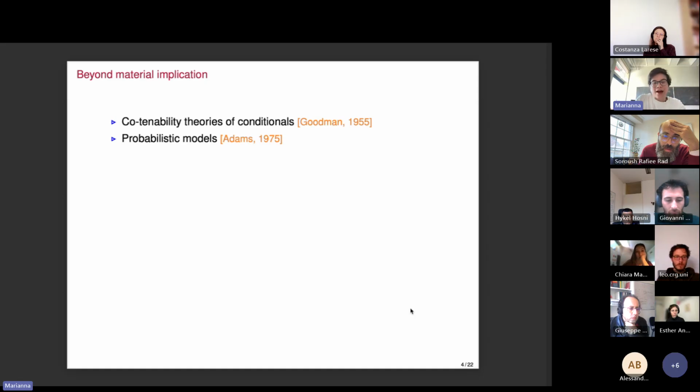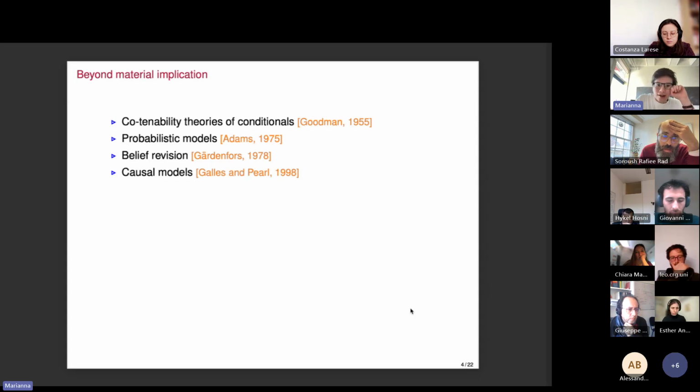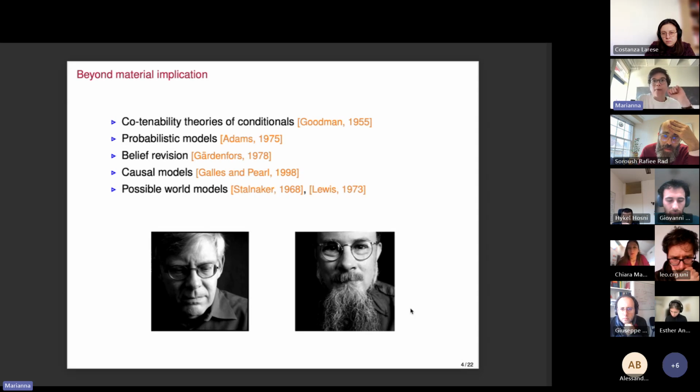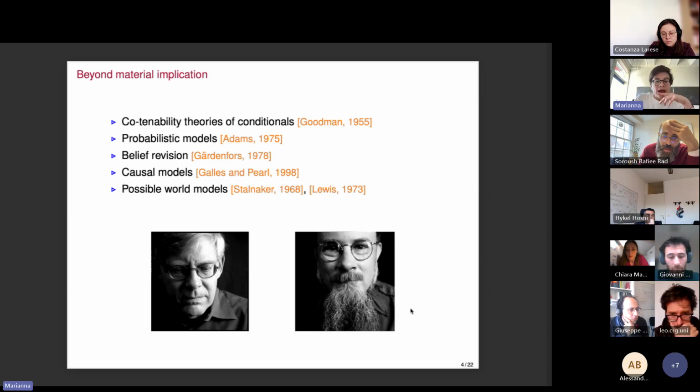Probabilistic models, where you assign probability to statements. Belief revision, this is to account for revision of knowledge, as in a non-monotonic statement. Causal models, and then this is the approach that we're going to follow today, the possible world approach to define a more fine-grained approach to conditionals.